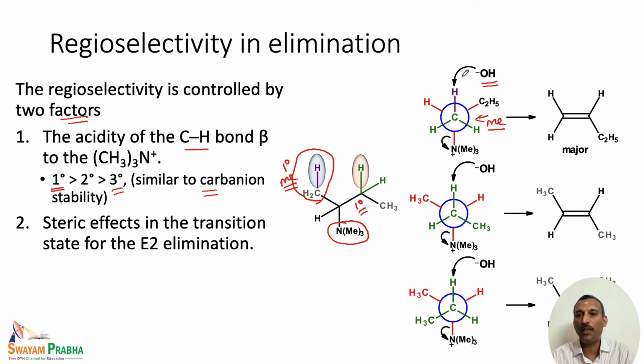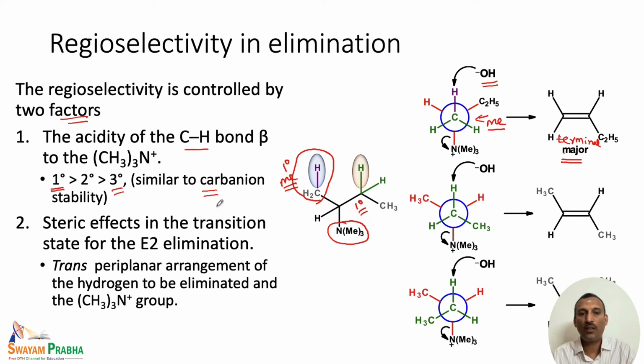OH minus is the base, because this reaction happens in the presence of a base. It abstracts the terminal hydrogen atom from the methyl group, which leads to the terminal alkene, the major product. This is the major product because this CH bond is more acidic compared to all other CH bonds. The terminal methyl group CH bond has more acidity, so the base easily abstracts this hydrogen atom.